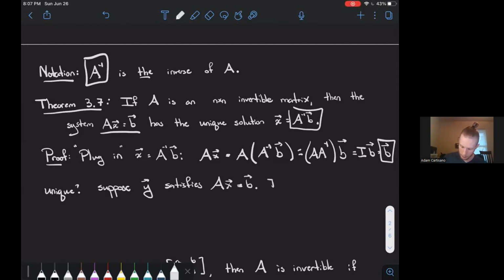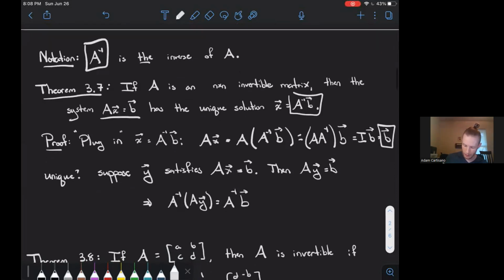Then AY, of course, equals B. But if you multiply both sides of this equation on the left by A inverse, you have A inverse times AY equals A inverse B. Associativity, and then the property of the inverse, and then multiplication by the identity on the left all tell us that Y is A inverse B, which is precisely X. In other words, they were the same. Great, that's all there is to it.